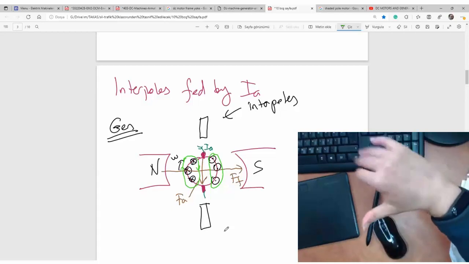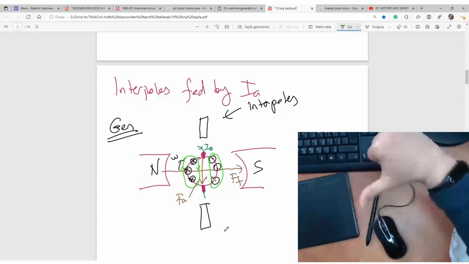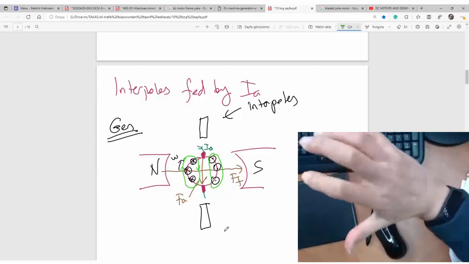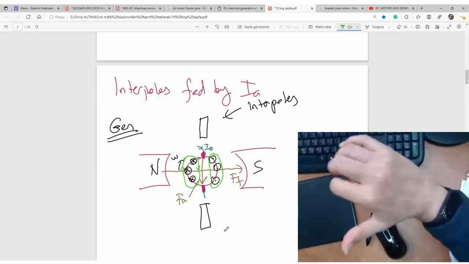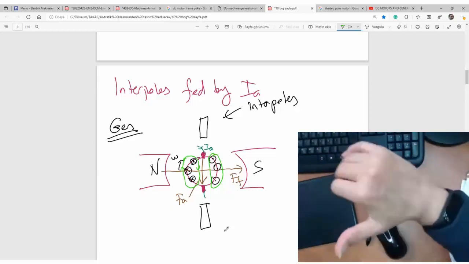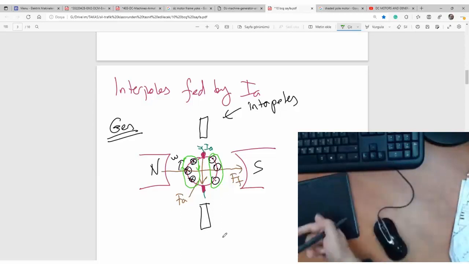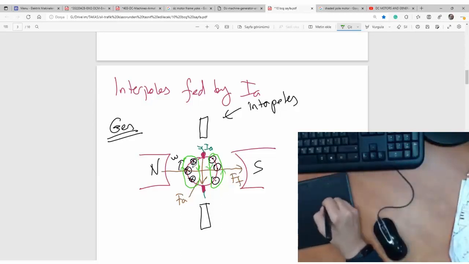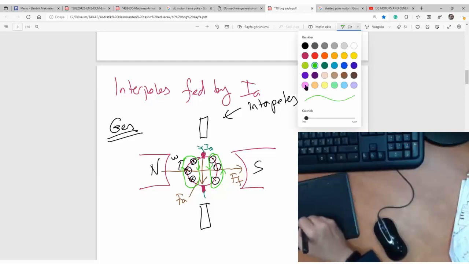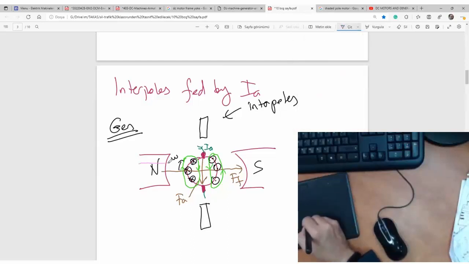Watch the camera. Current is out of the screen, so the magnetic field lines go downward here, and here it is upward. So the magnetic field lines coming from the N pole are pushed by this.